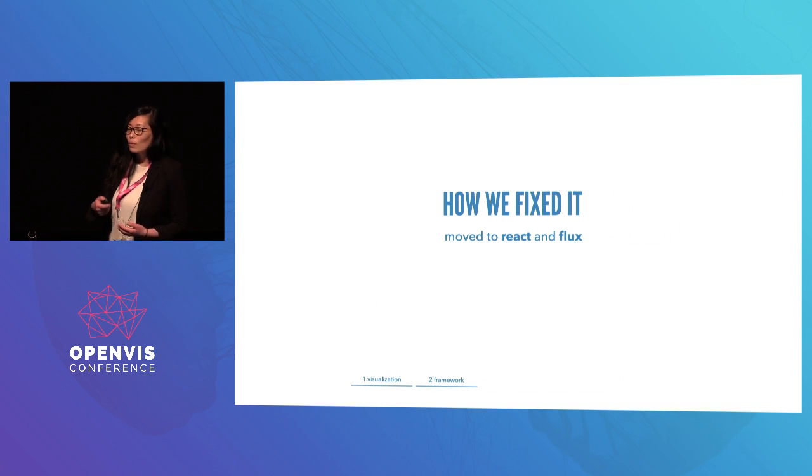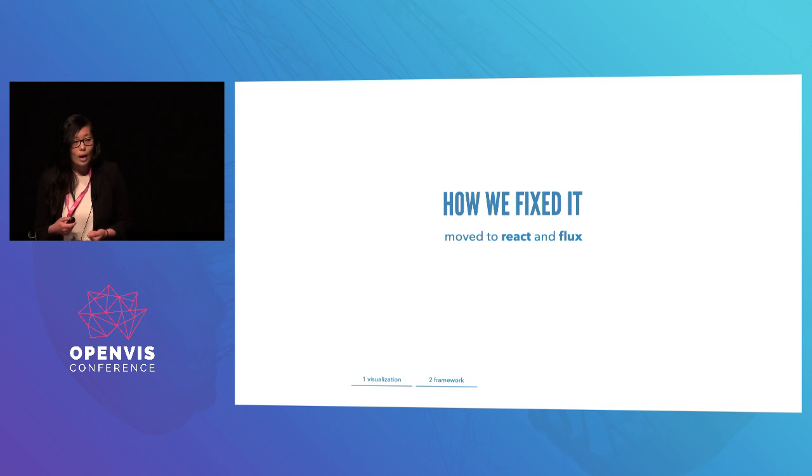So we fixed it by first moving most of our rendering responsibilities to React, as opposed to only pure D3. We ended up using a mix of both, but this allowed us to abstract away a lot of the managing of the DOM.